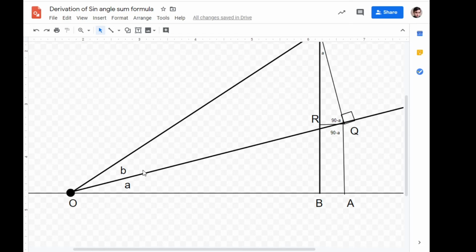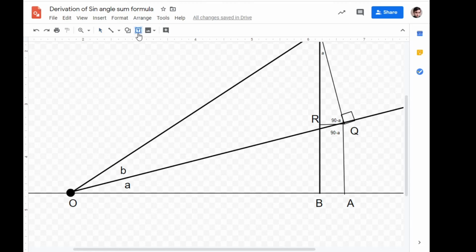Now, if I wanted to determine what the sine of A was, so now switching to a different angle, sine of A being opposite over the hypotenuse, we would say that opposite would be AQ, over the hypotenuse, which is OQ.